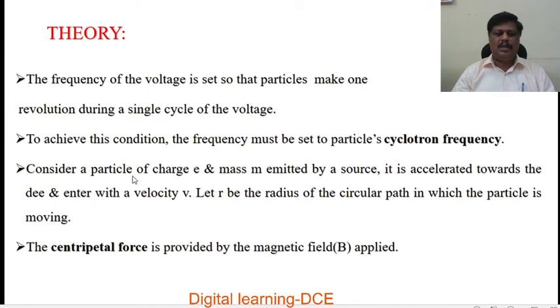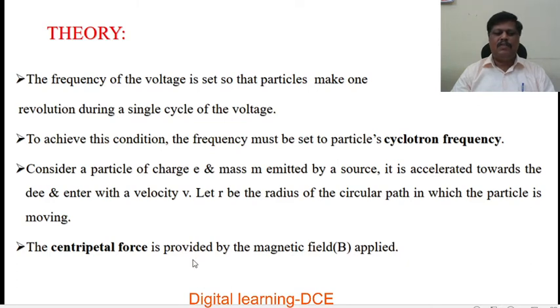Consider a particle of charge e and mass m emitted by a source. It is accelerated towards the D and enters with a velocity v. Let r be the radius of the circular path in which the particle is moving.